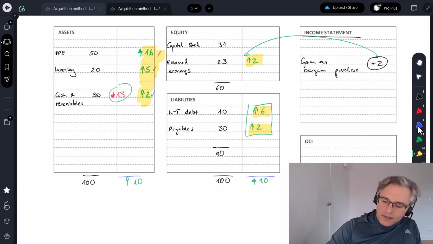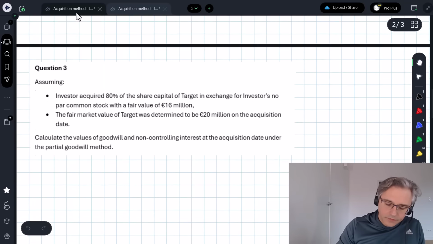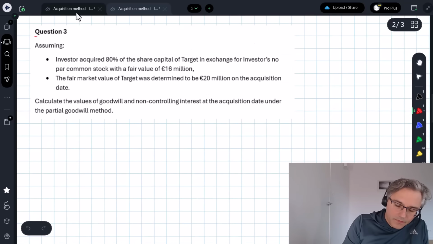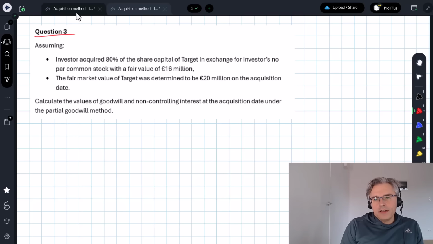Now, for the really level 2 specific stuff, because all of this was warm up. Question 3. Assuming investor now acquired less than 100%, 80% of the share capital of target in exchange for investor's no par common stock with a fair value of 16 million. So now, instead of paying in cash, investor is paying in their own shares that don't have a par value.